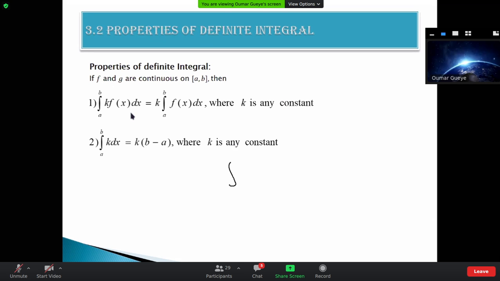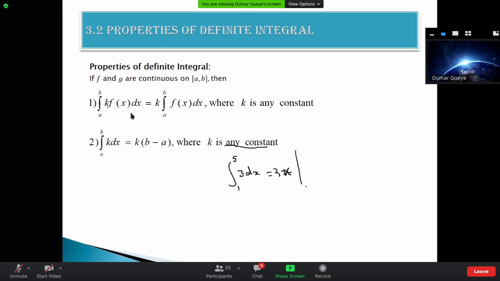If I ask you to find the integral from 1 to 5 of 3, which function has its derivative equal to 3? 3x. Yeah, it is just 3x. K is a constant, it's like any number. So it's going to be 3 times x.